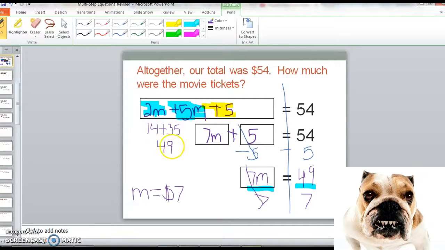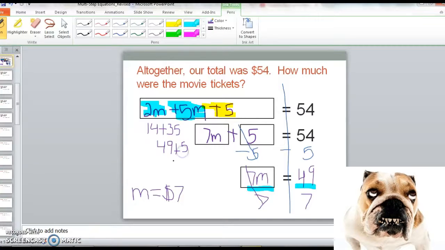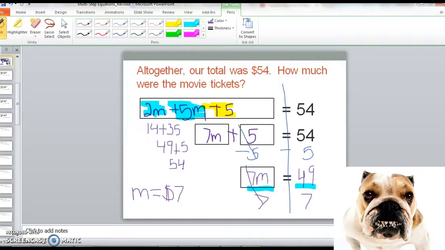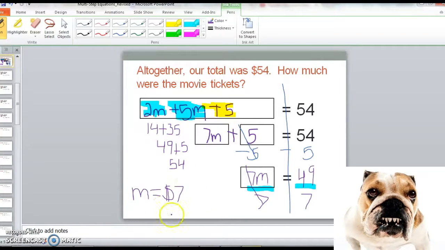Plus another 5, which would equal 54. So now I've balanced my equation. Again, that means each movie ticket costs $7.